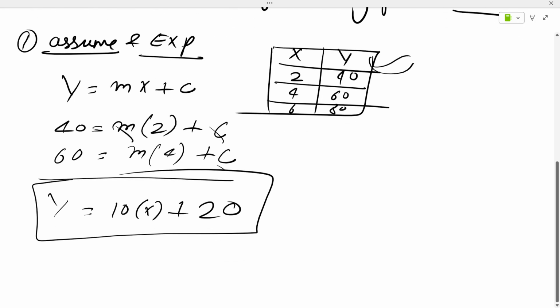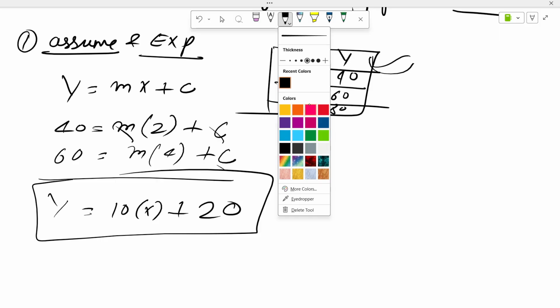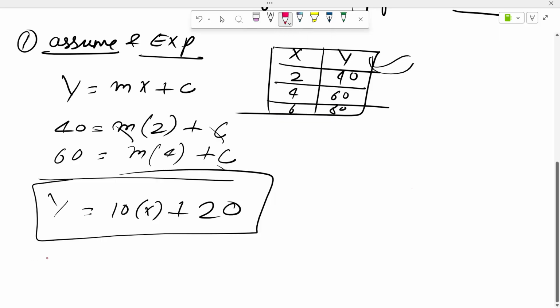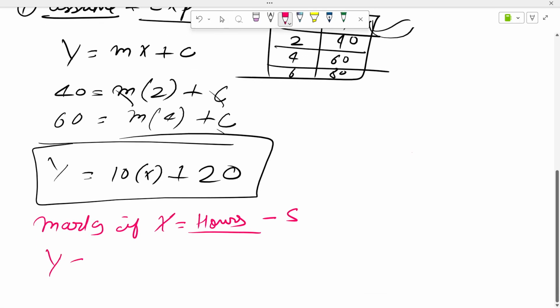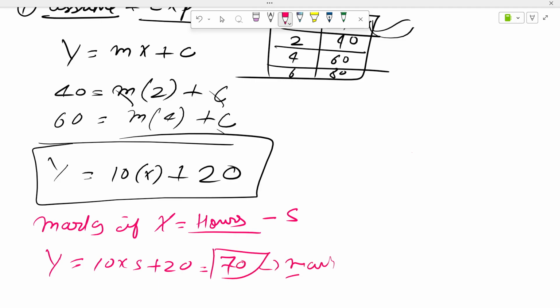If someone asks what the marks obtained will be if hours is 5, you just put it in this equation: 10 into 5 plus 20 equals 70 marks the student will get, and you're done.